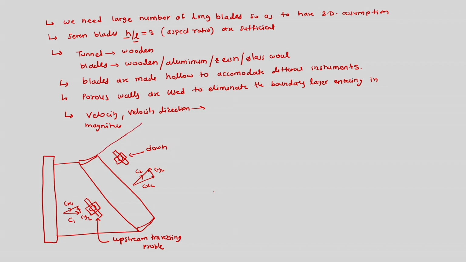This would be there in an enclosure, so it is called the downstream traversing probe. And here we will see that this would be called the instrumented blade. So these are the arrangements.